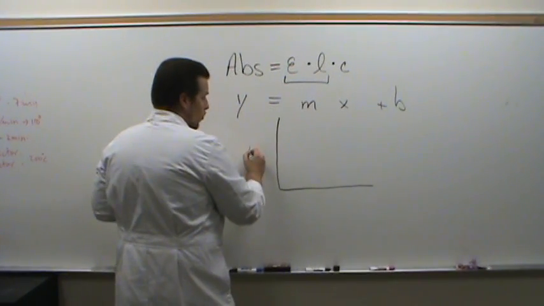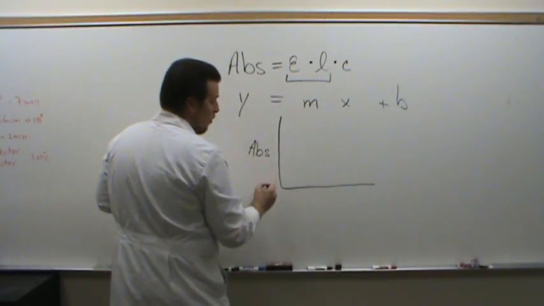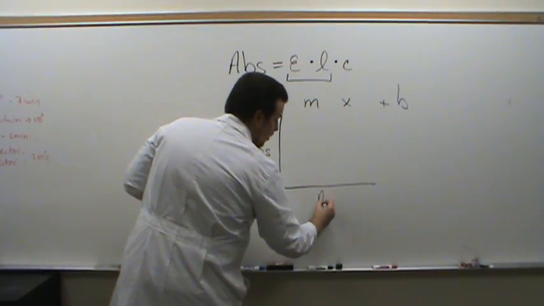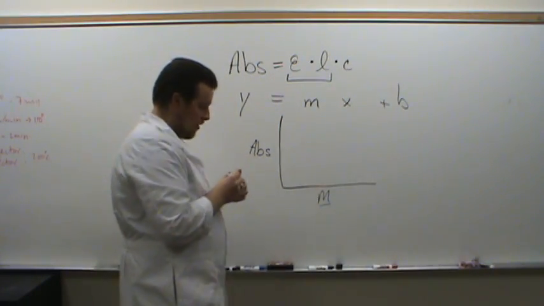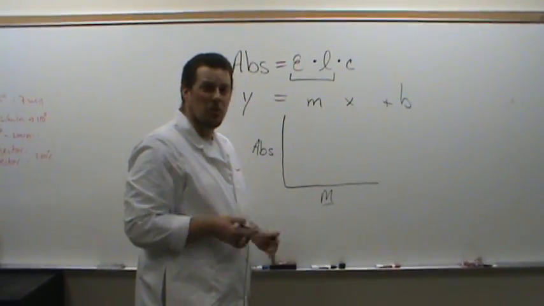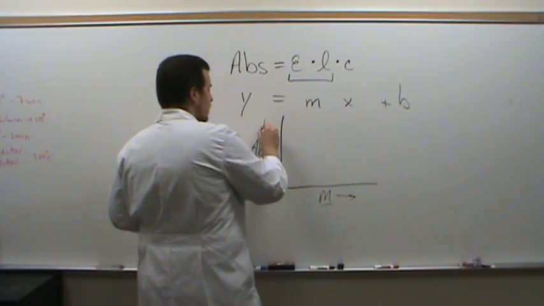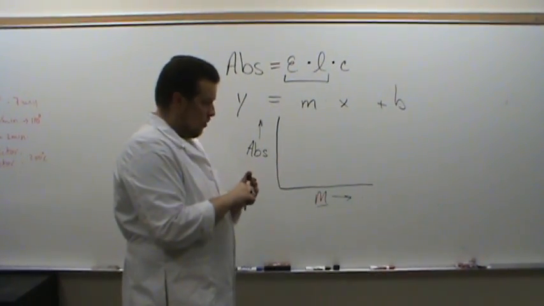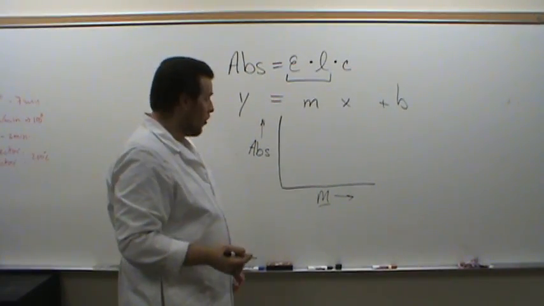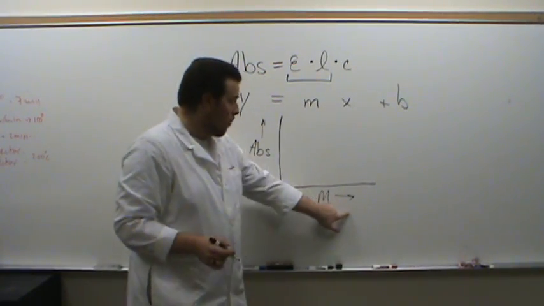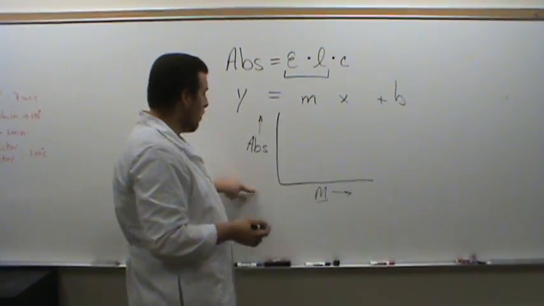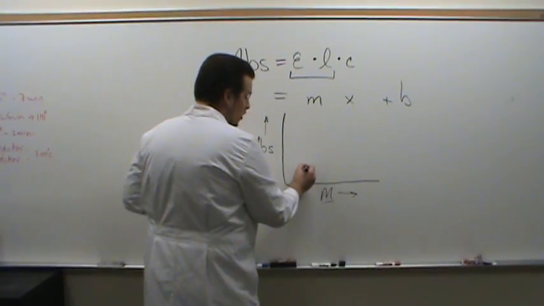So if we then graph absorbance versus M, let's use a big M because we're going to use concentration in units of molarity. What are we going to do? We're going to prepare a number of molarities and measure their absorbance.